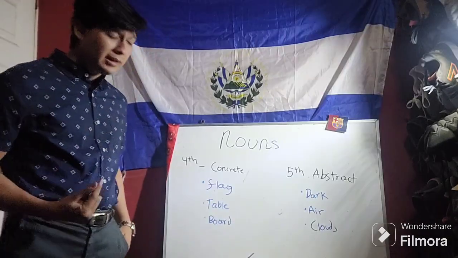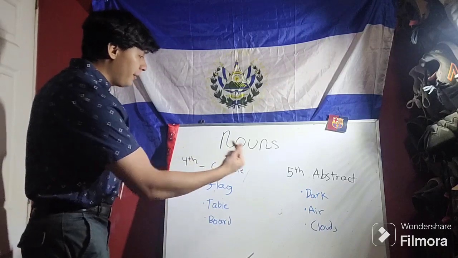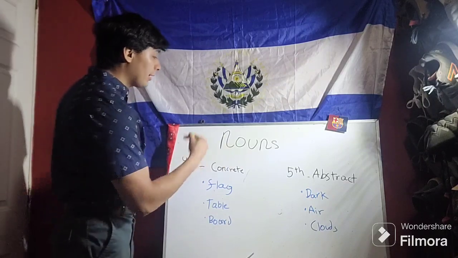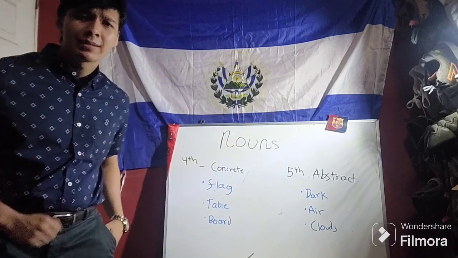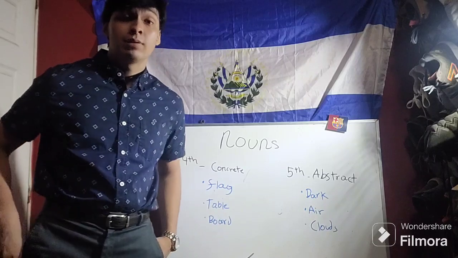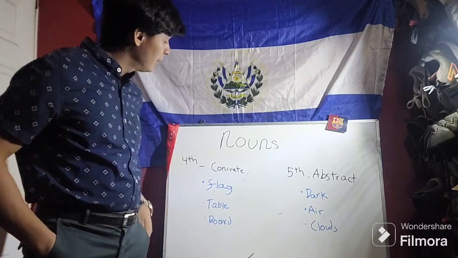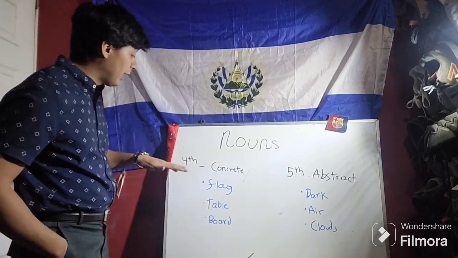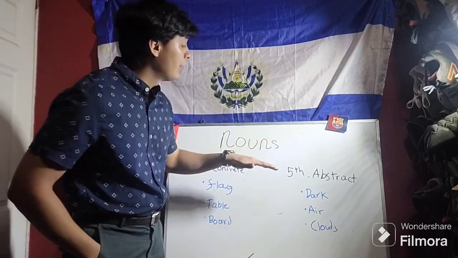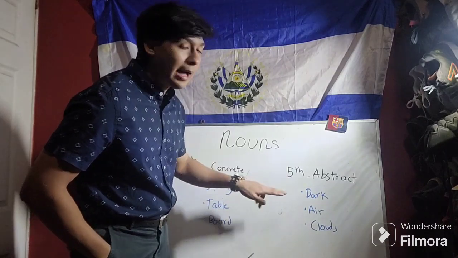We're moving on to the fourth and fifth classifications of nouns, which are concrete and abstract nouns. You may be asking, Rafa, what is the difference between them? There is a big difference. For example, in concrete we have flag, table, and board. In abstract we have dark, air, and clouds.